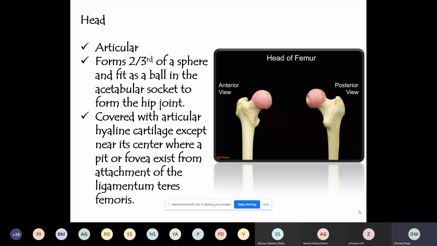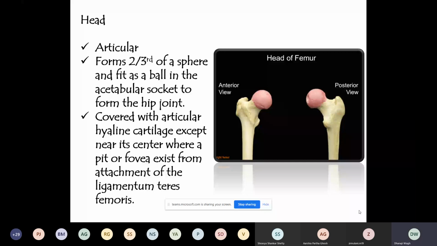These two arteries enter through a notch on the acetabulum cavity called the acetabular notch, then pass along this round ligament to reach the head. So this is important. You have to remember this one.